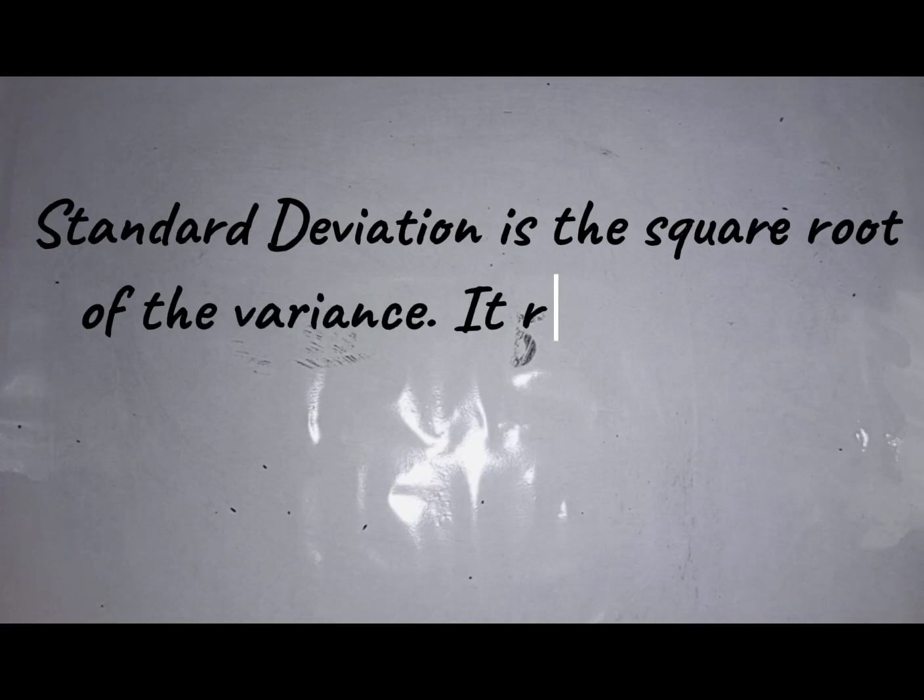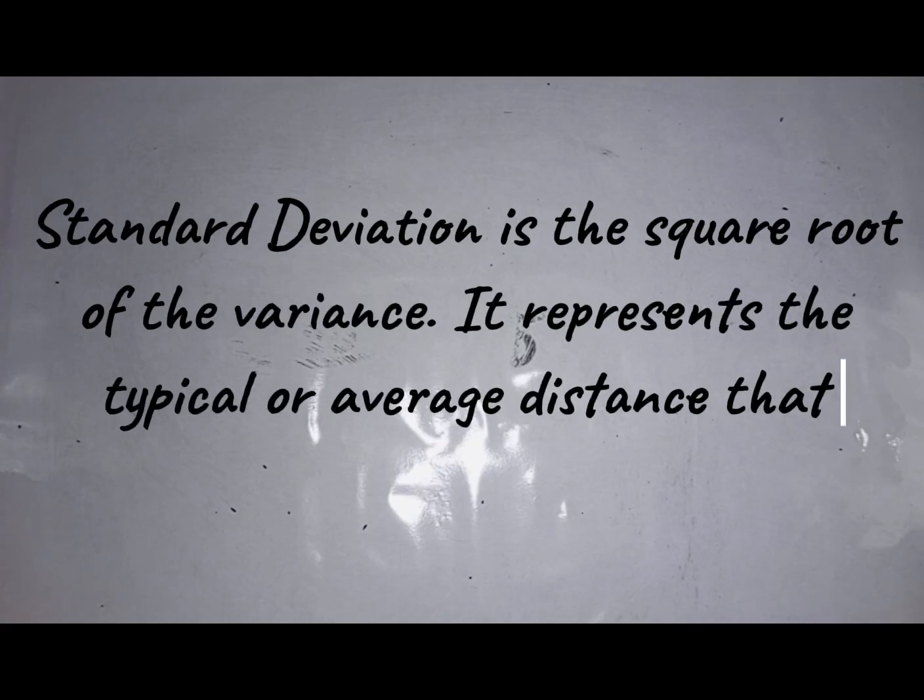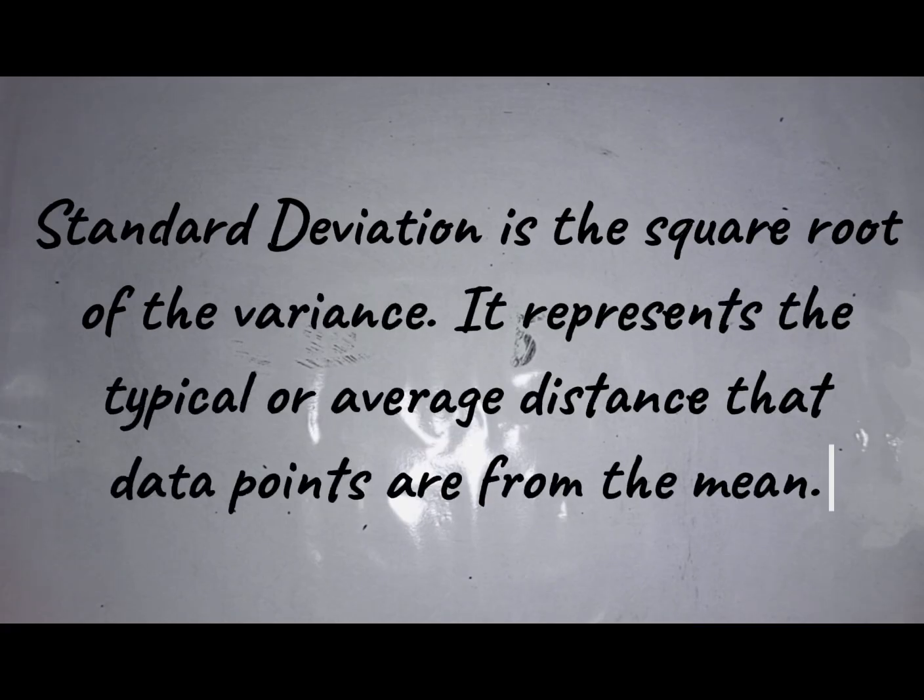Now, the most commonly used measure of variability is standard deviation. It's directly related to variance and brings the value back to the original units of our data. So our definition for standard deviation is the square root of the variance. It represents the typical or average distance the data points are from the mean.